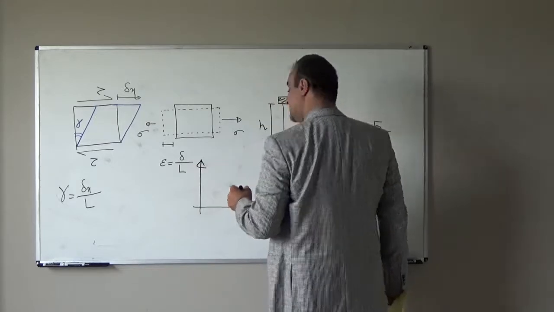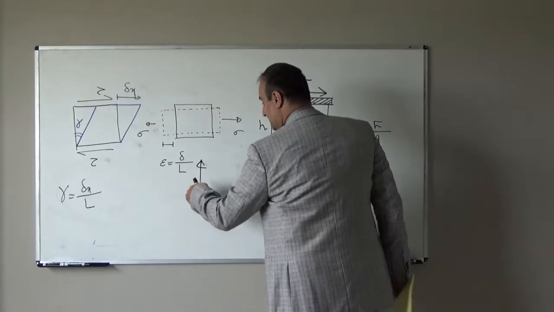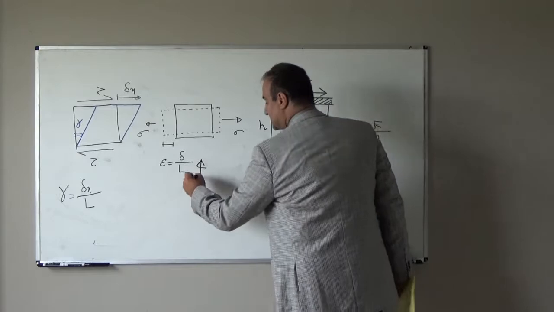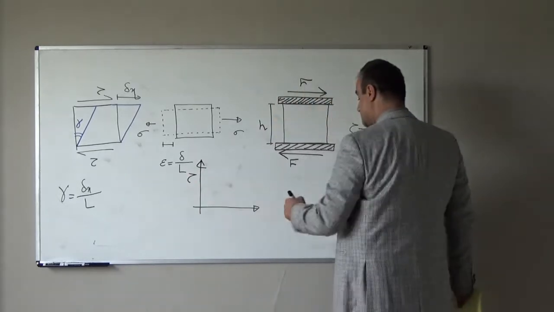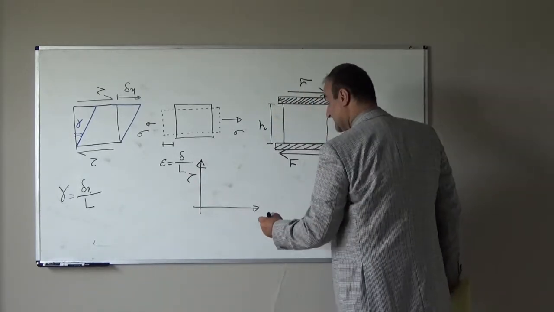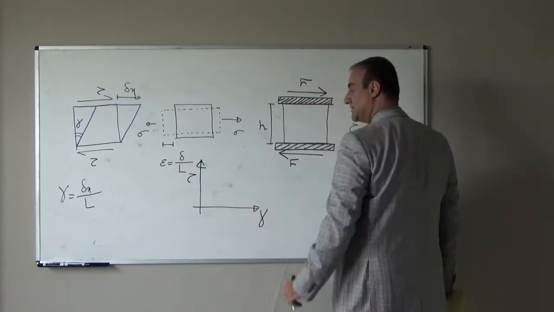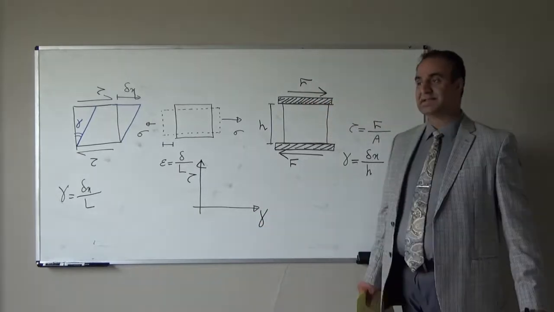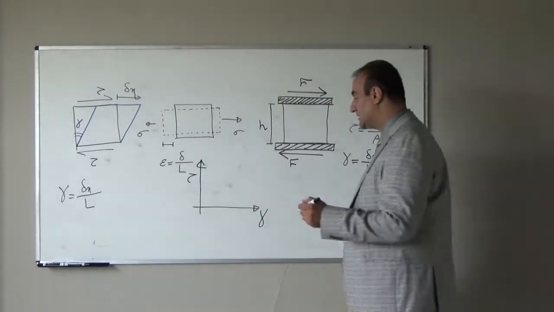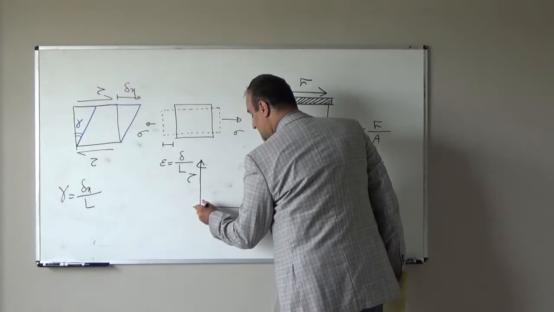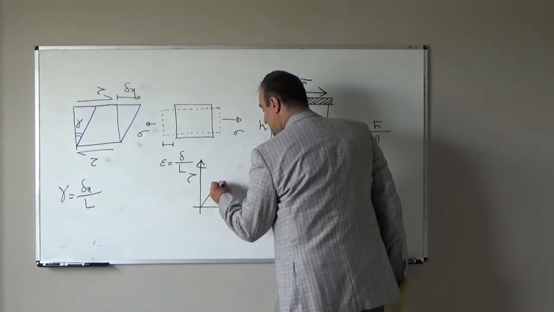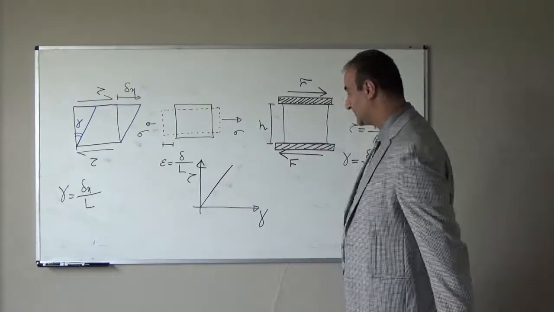If I show the stress strain curve here, the vertical axis is shear stress, the horizontal axis is shear strain. For linear elastic material in the linear range, in the small deformation range, the curve will be again linear.